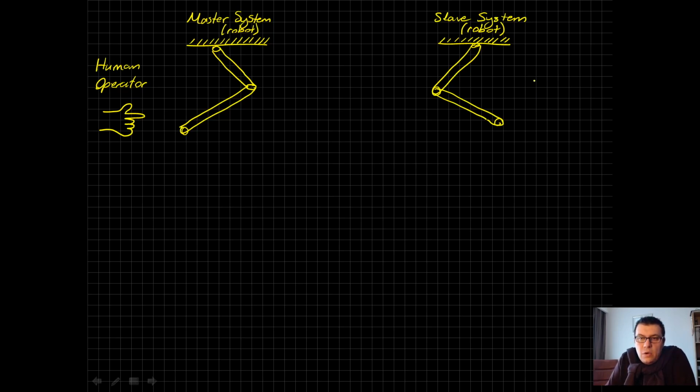As it goes through its trajectory enforced by the human operator, of course, after a while it will be interacting with an environment. Let me try to draw it better.